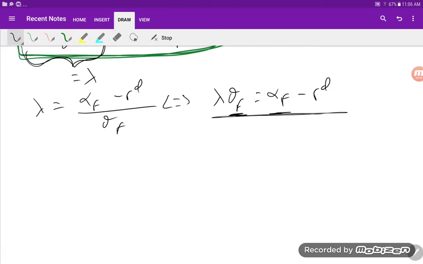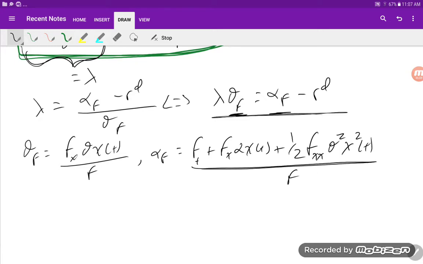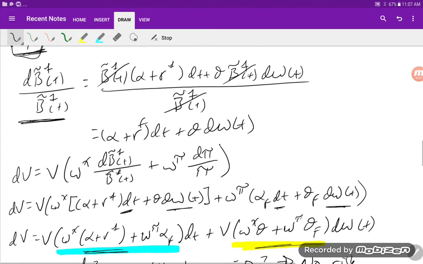But just to make it clear, I'll rewrite them here. Sigma subscript f was equal to partial f partial x times sigma x t over f, and alpha subscript f was partial f partial t plus partial f partial x alpha x t plus 1/2 second partial f partial x squared sigma squared x squared, all over f. Let me just double check that.